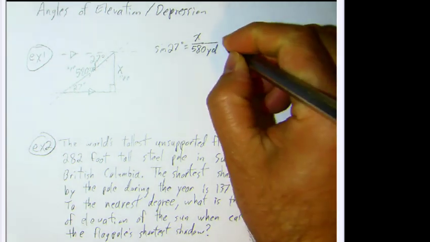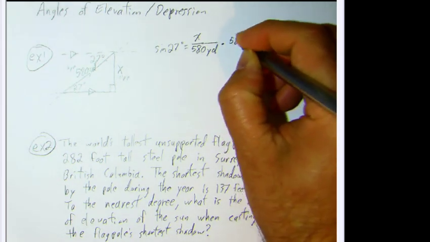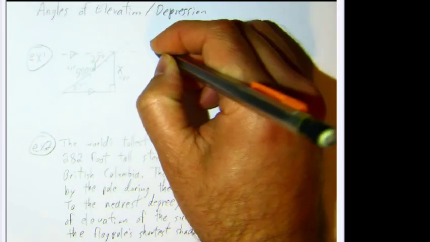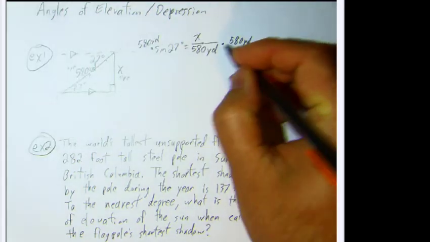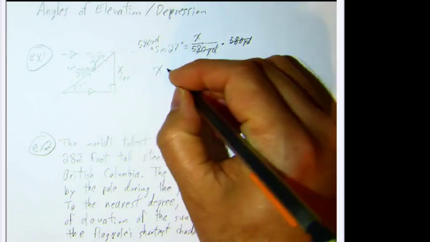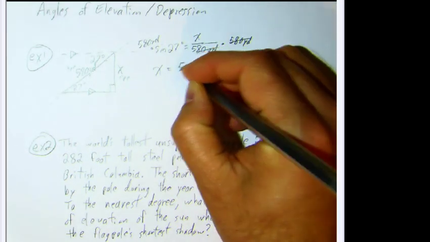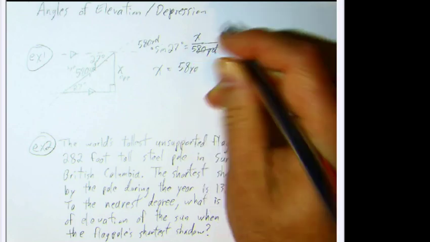Now from here, just like the last problem, we're going to do times 580 on both sides. This cancels, and x is going to equal 580 yards.